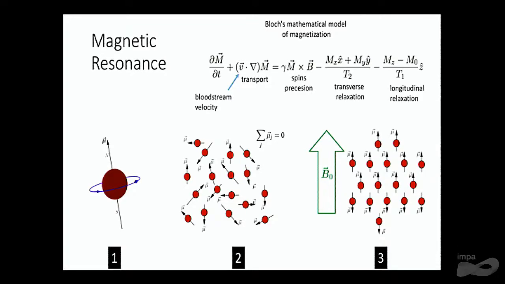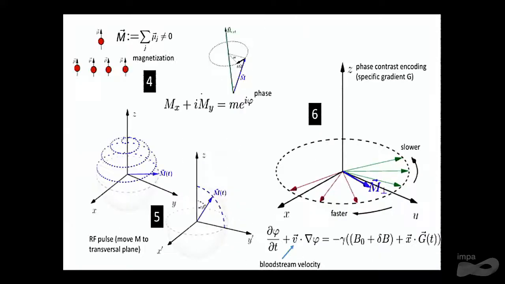We have some relaxation times related to the magnetization in different directions, x, y, and z. So the main idea is to apply first a very big magnetic field B in order to align all the spins, and then have a total magnetization, which is in general different from zero and satisfies this equation.